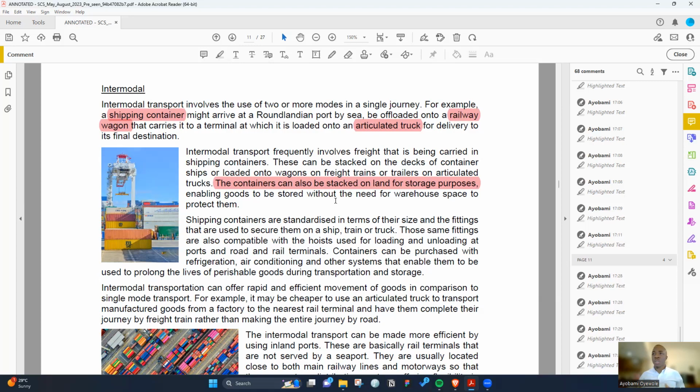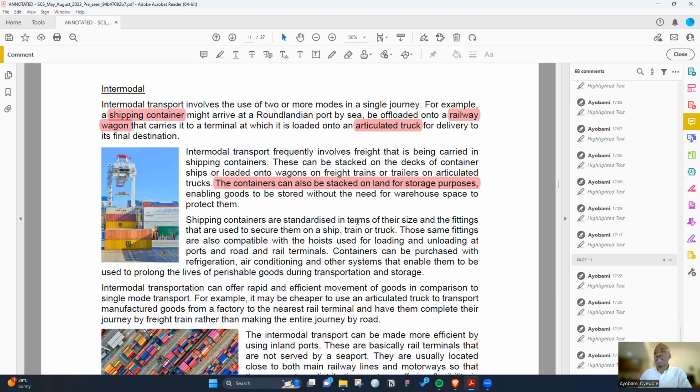Because you remember we talked about the configuration of storage facilities that are very important to enhance flow of goods from within the facility, and then when you are also loading them onto another means of transport in order to get to their final destination. So all of these things must be considered, but it's just an idea, it's just an option that you have as well to think about.